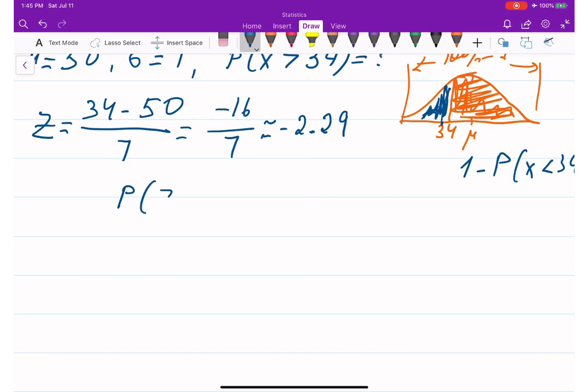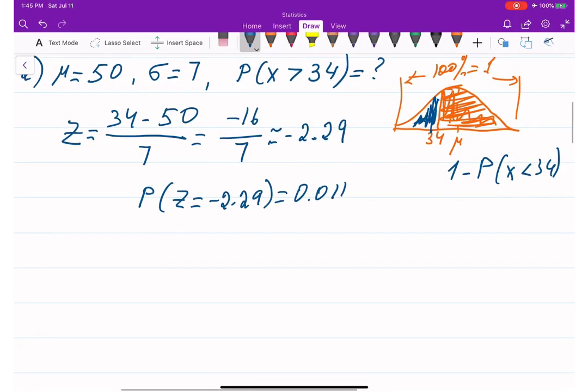So probability from z-score equal negative 2.29, or I can put less also, is equal 0.011. Which is the same thing, let me put besides of equal, put less equal, probability of x less 34.